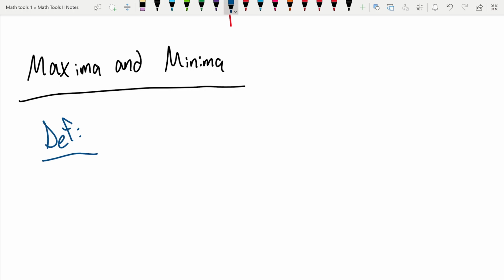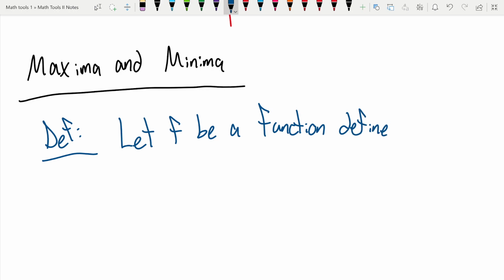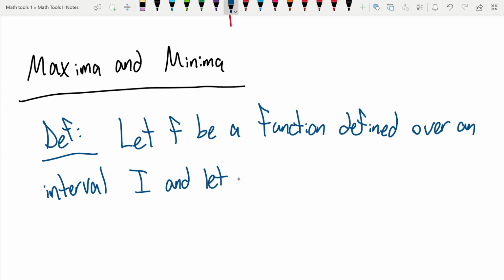Let f be a function defined over an interval, say I. Maybe we'd say a to b, but if we don't need to give the endpoints names, we'll just call it interval I, and let c be in I.